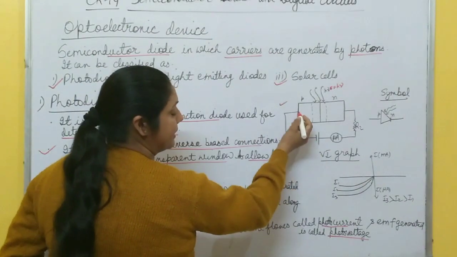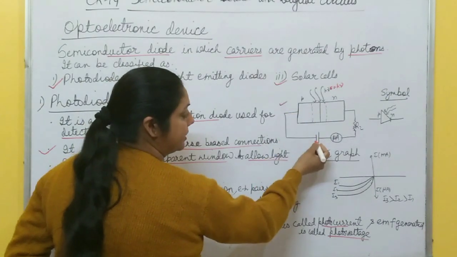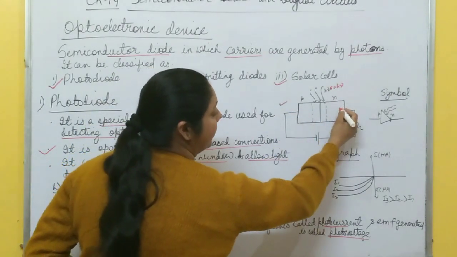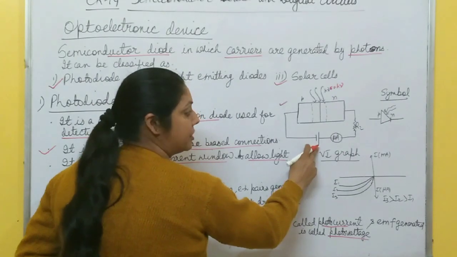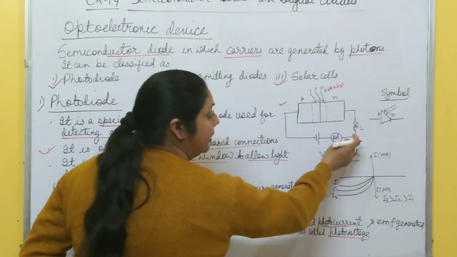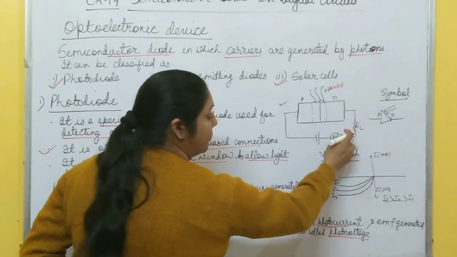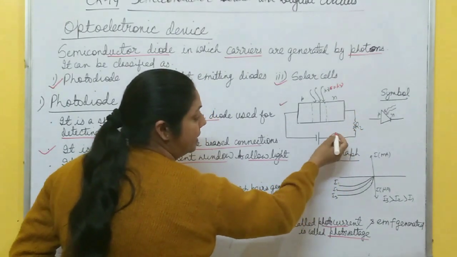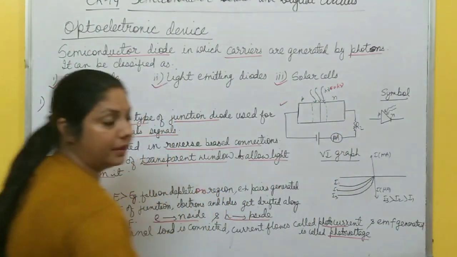Due to reverse biasing, all holes are attracted towards the negative terminal and all electrons are attracted towards the positive terminal. When you connect one load in the external circuit, you find that current starts flowing through this load resistance, which is measured in the microammeter, right?